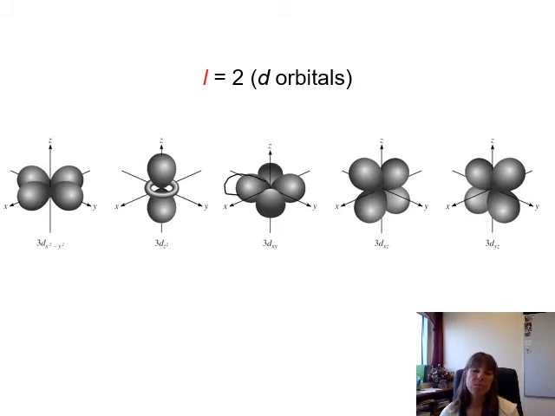These lobes are in between the axes on some, and they're actually on the axes on others. And then you have this kind of strange shape that is traced out in the 3dz squared orbital. Now again, these are coming from the Schrodinger equation, and they are shapes that are described by that equation that then dictates where the electron can be found.